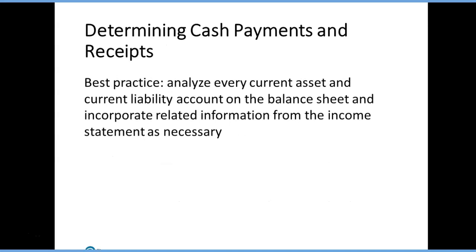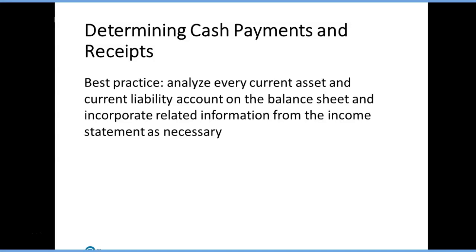And then determining cash payments. Sometimes you'll have to analyze current assets and liability accounts in relationship to one another, because one account affects the other, which in part means you have to dissect or reconcile the transactions such that you can identify what cash came in and what cash went out. And why do I say that?